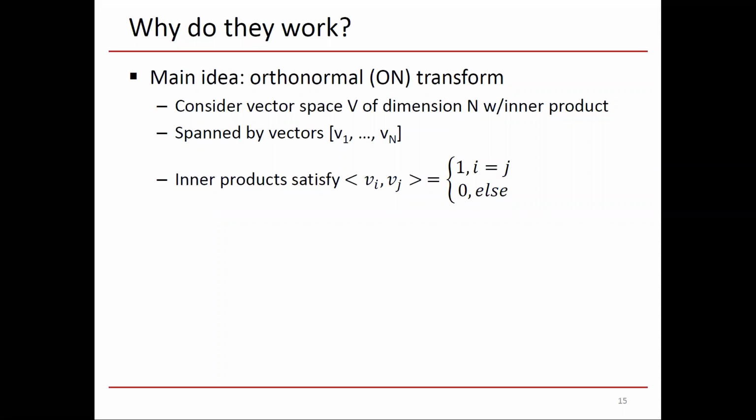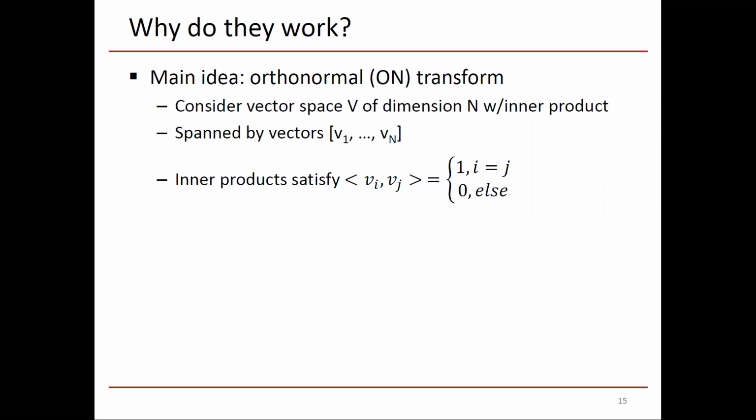So we have a vector space, capital V, and it's going to have dimension n. And this is going to be an inner product space, meaning that for the capital N basis vectors, v1 through vn, if we take any two of them, vi and vj, and we calculate their inner product, if i and j are equal, the inner product is 1, else the inner product is 0.